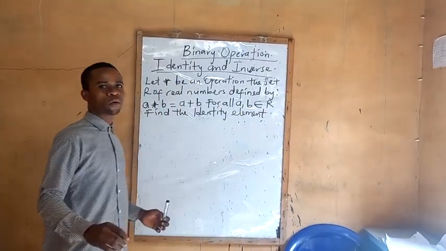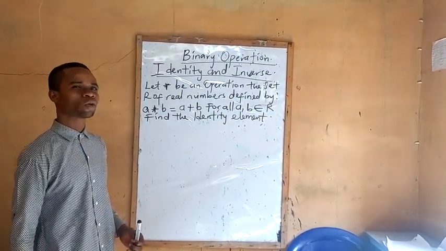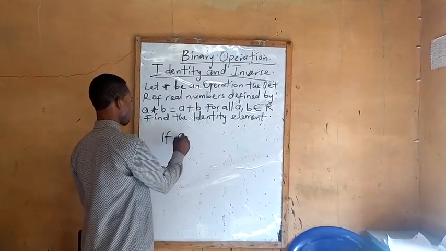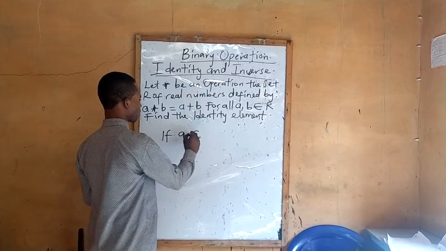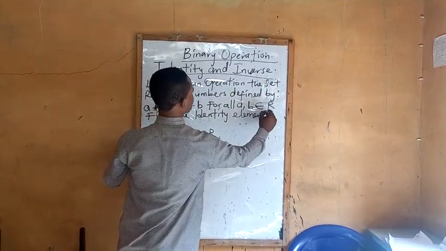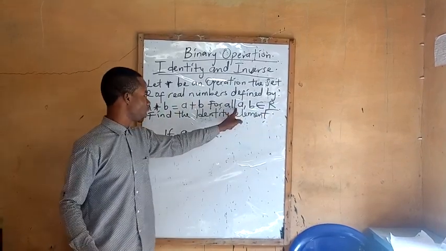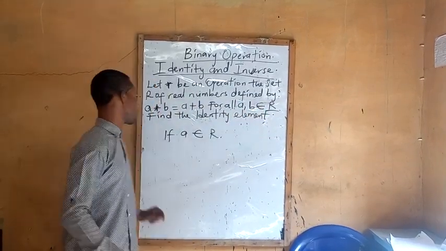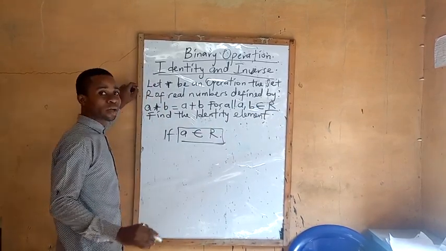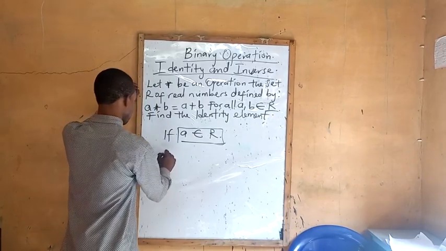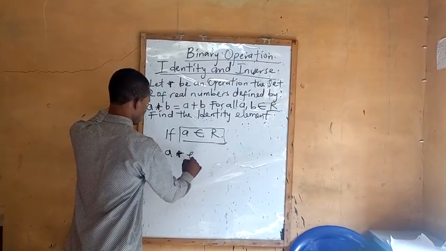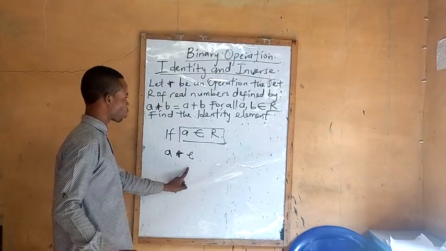Actually, the formula for identity under binary operations: assuming A is one of the elements of a set R, they give us a set R here. And you see, they say A, B is an element of R. Now, if A is an element of R, the formula for identity in binary operation will be A asterisk E, because E is the identity, is constant.